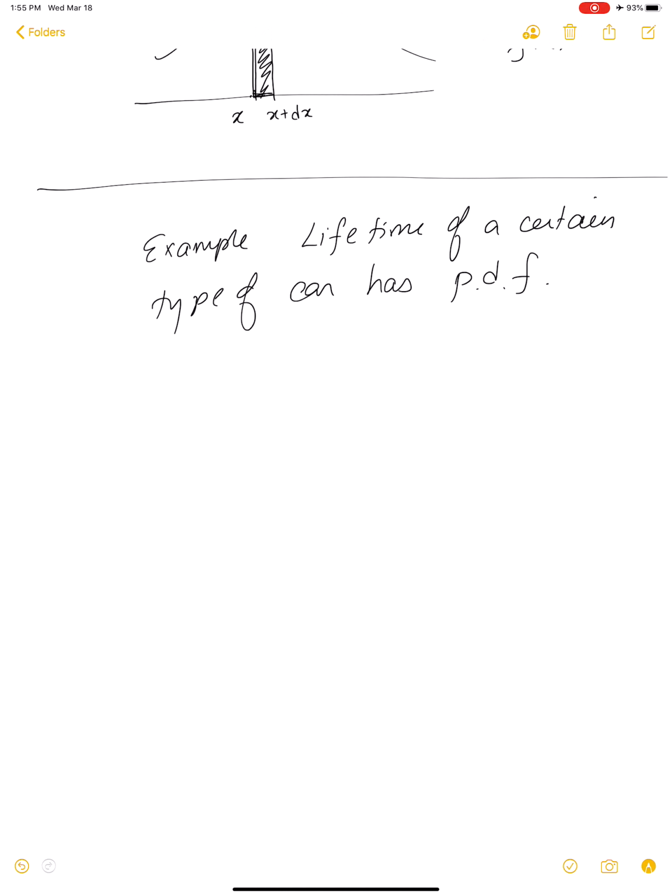I'm just going to write PDF for short. And what was that? Remember, we had f of x equals 200 over x cubed if x is bigger than 10 and 0 otherwise. Okay?